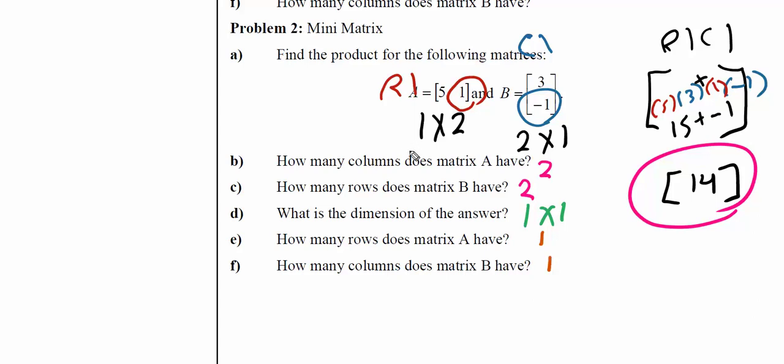May I propose to you the following? If these two numbers are the same, this is pretty important stuff. If these two numbers are the same, then yes, we can multiply these matrices. And if we can multiply these matrices, the answer is going to be a 1 by 1 matrix.